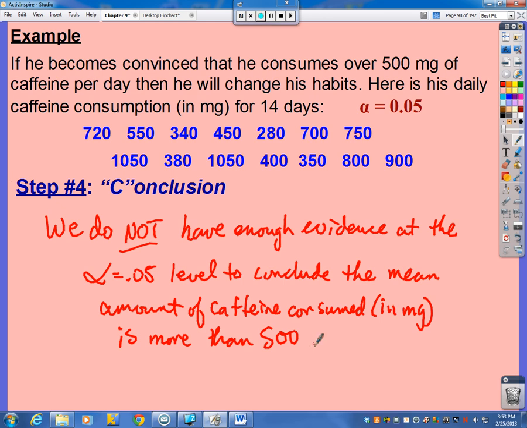Or I could put the milligrams here and not leave it there. You pick. So we do not have enough evidence to go with the alternate hypothesis, basically. And that is our conclusion. It was very close, but not enough to say that it really differs from 500. Okay, because we only had 14 days out of a very large amount of days that we could measure caffeine intake. And we're just a little on the higher side of our 500.